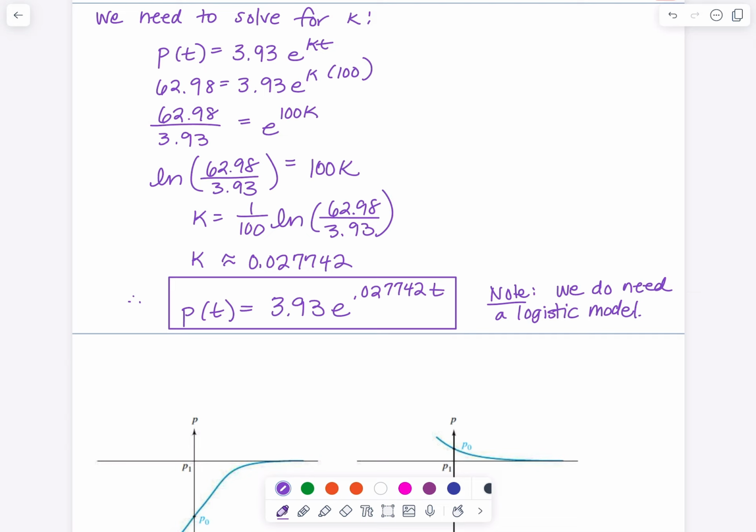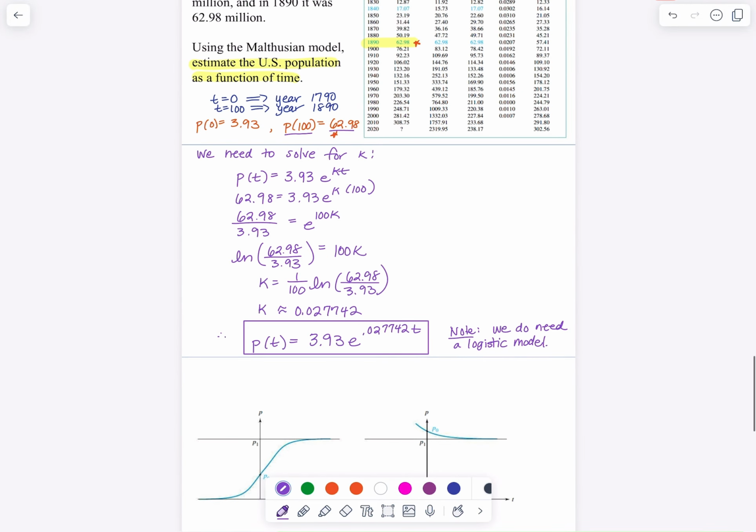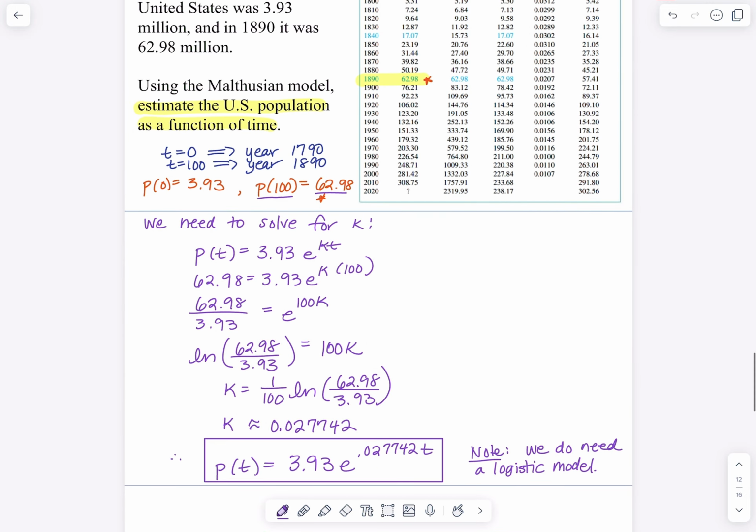We need to assume that there is another component of death other than just death by natural causes, since this model only considers death by natural causes.